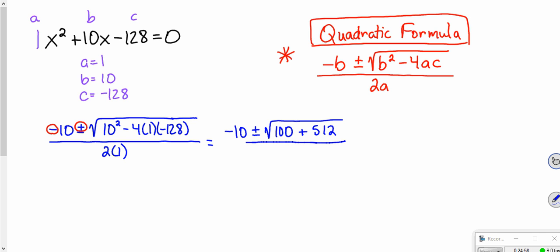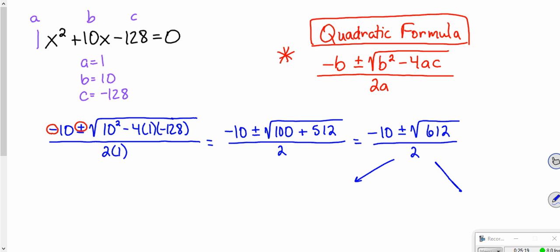All over 2. Well, negative 10 plus or minus the square root of 612 all over 2. Now, you can do the plus, you can do the minus, okay? We're going to look at both answers. So negative 10 plus square root of 612 over 2, what does that give us? So let me poke this in. Negative 10 plus square root of 612 divided by 2.